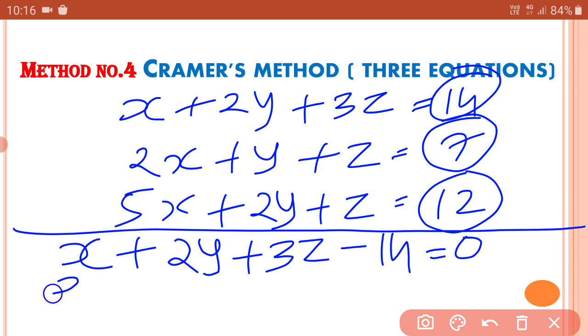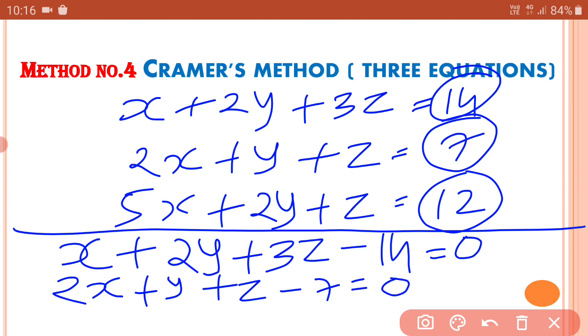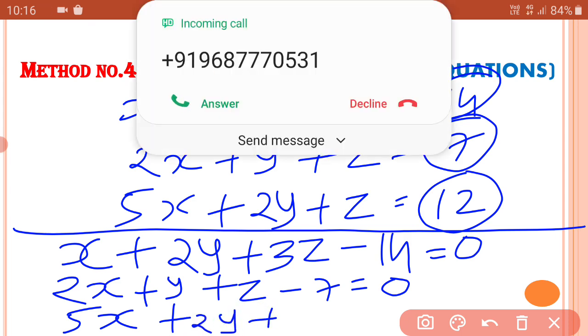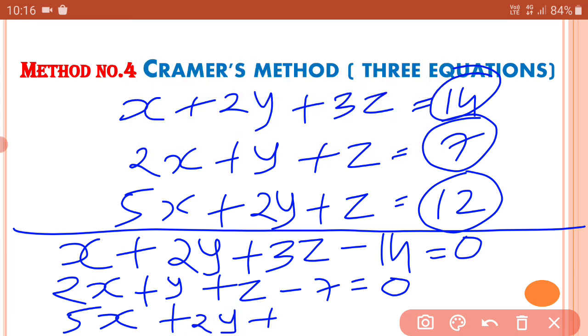Second equation is 2x plus y plus z minus 7 is equal to 0, and the third equation is 5x plus 2y plus z minus 12 equal 0.